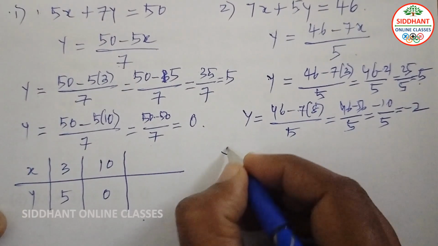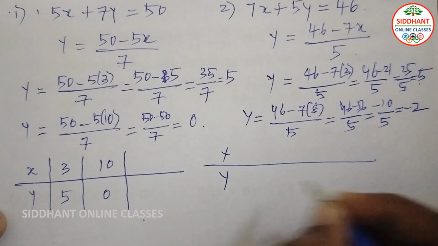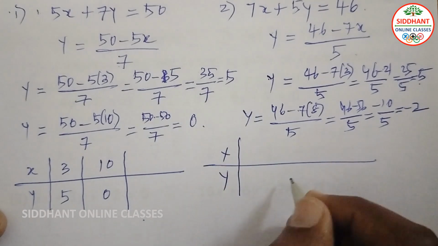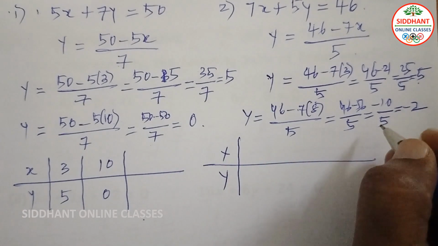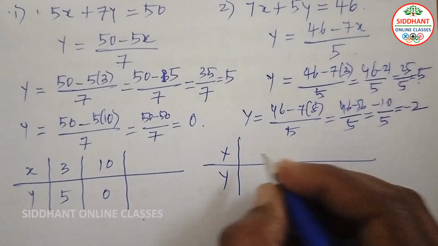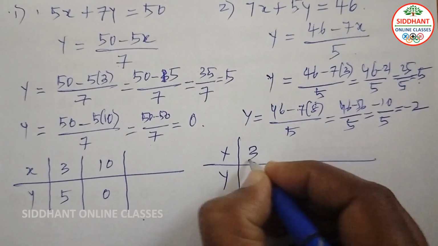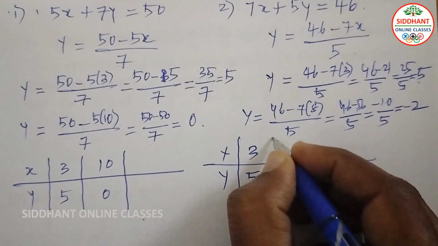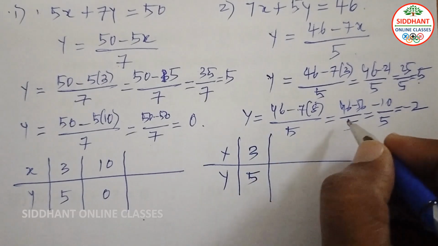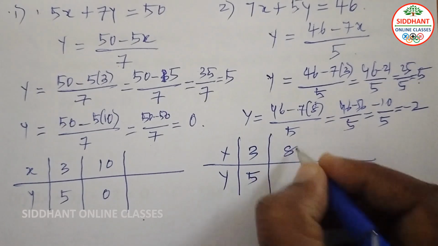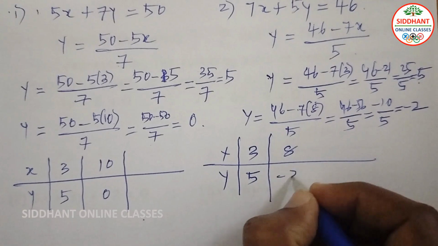So here, when we look at the x and y values: if x is 3, y is 5, and if x is 8, then y is minus 2.